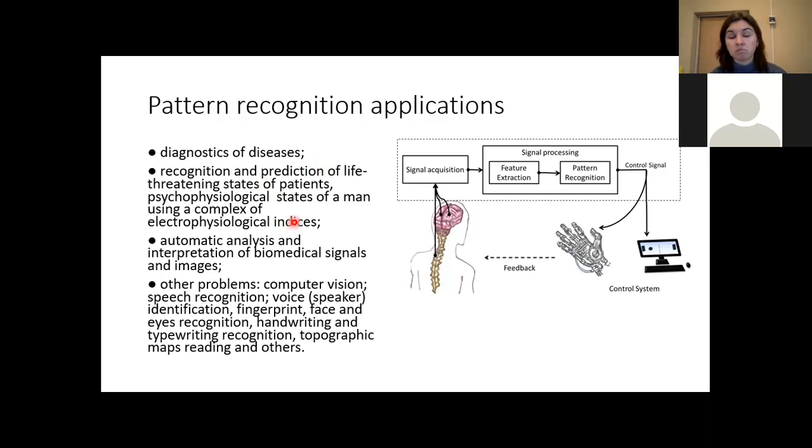The second important application is recognition and prediction of life-threatening states of the patient, physiological states of man, using a complex of electrophysiological indices. For example, when you want to predict a heart attack using an electrocardiographic signal, you may create a wearable system for long-term monitoring. For example, for grandmothers and fathers, why not?